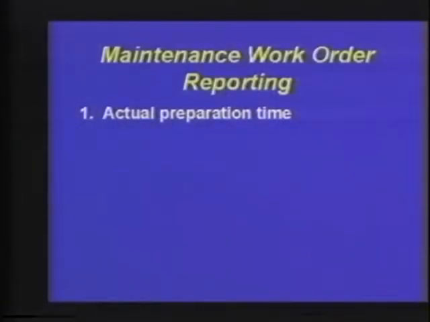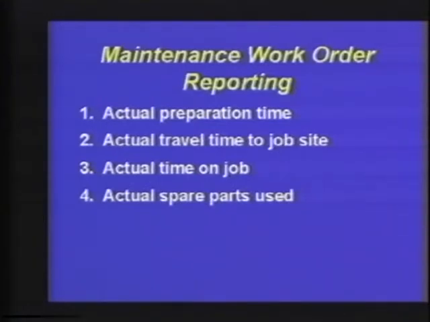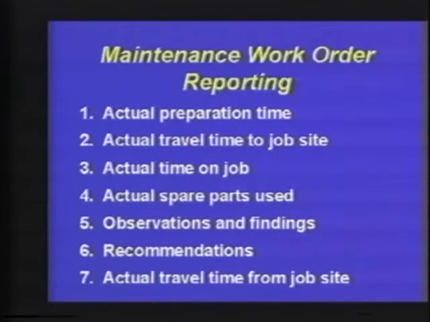So we can actually define the actual preparation time, the actual travel time to the job site, the actual time on the job, the actual spare parts used, the observations and findings, the recommendations for operating improvement, and the actual time that it takes to travel from the job site either to the next job or back to the maintenance department.